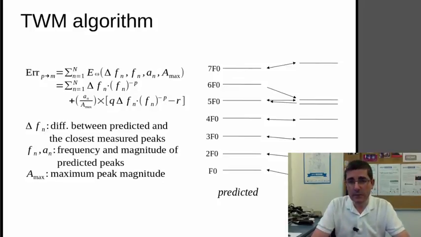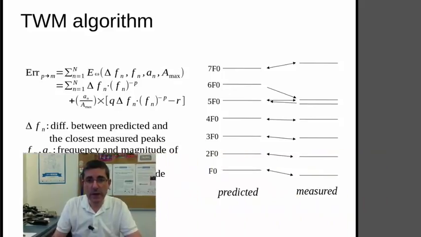That's an algorithm that we presented in the theory lecture, and it's a frequency domain algorithm that basically tries to identify possible harmonic series that match the peaks of a spectrum.